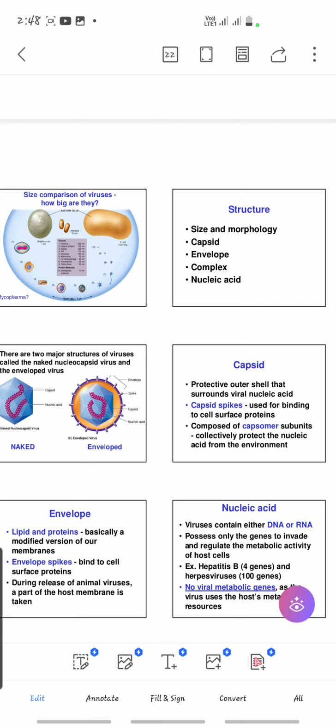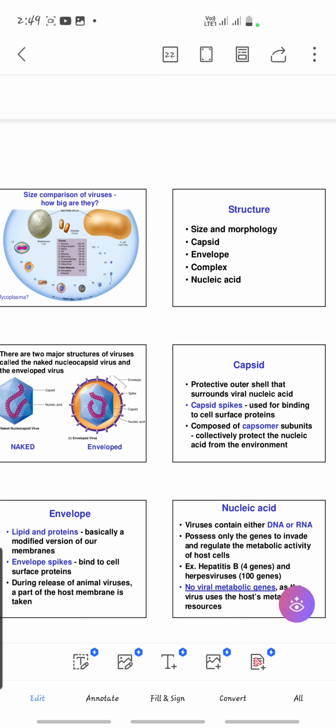In the capsid, there is a part used for binding to cell surface protein, and that is called capsid spikes. The subunits that collectively protect the nucleic acid from the environment are called capsomers. So that is how to identify what is capsid.